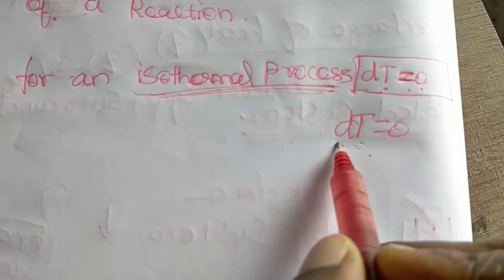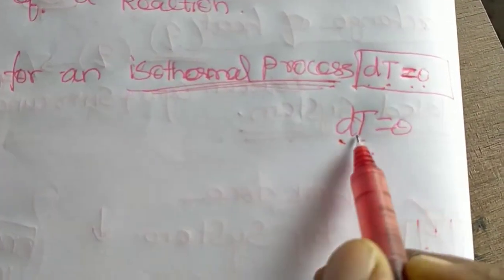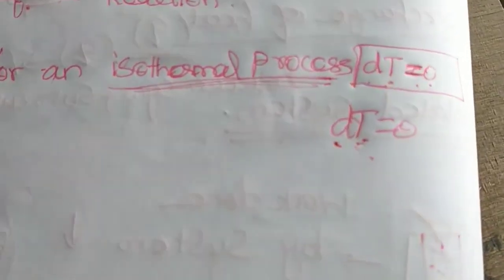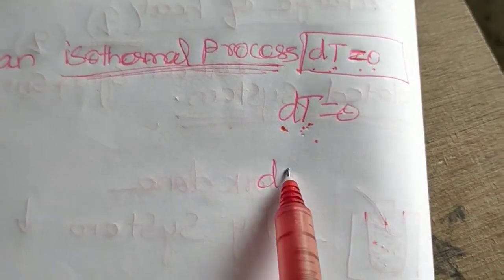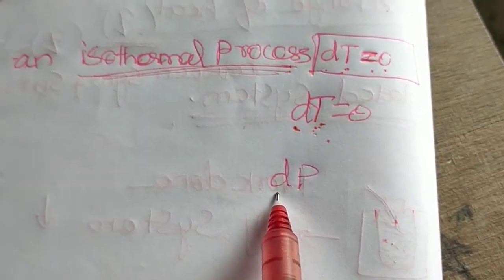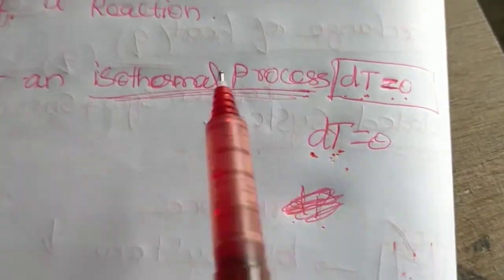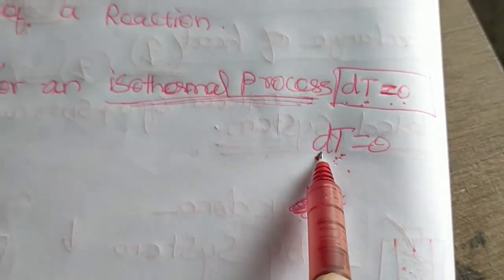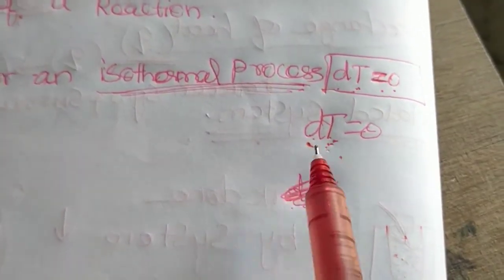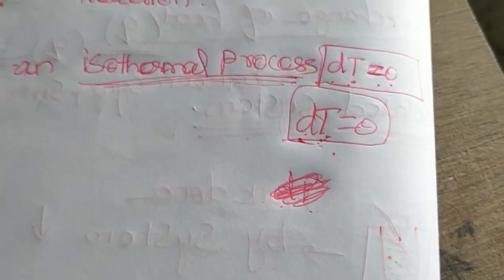So dT means what? No change in temperature. D means change or difference, and what you write next to the D is T, so T is denoting temperature. If you write dP, then it is the difference in pressure. Here in the isothermal process it is temperature, so the change in temperature throughout this process is zero.